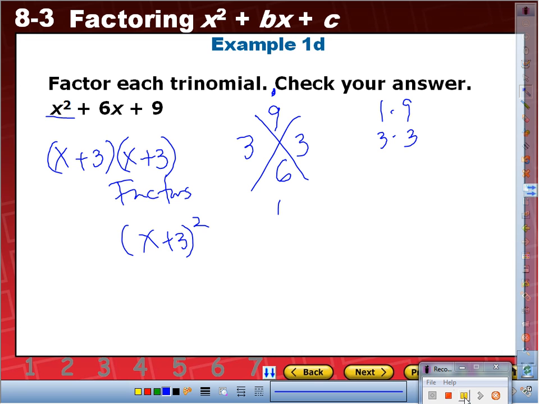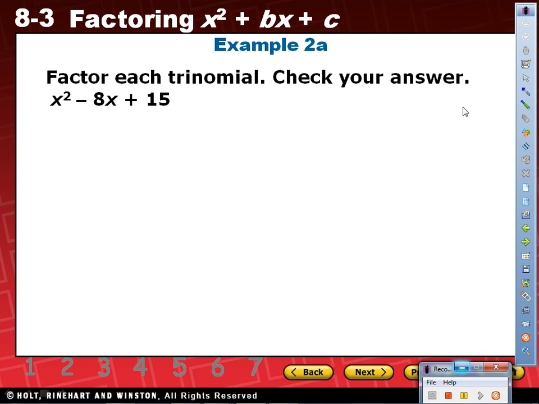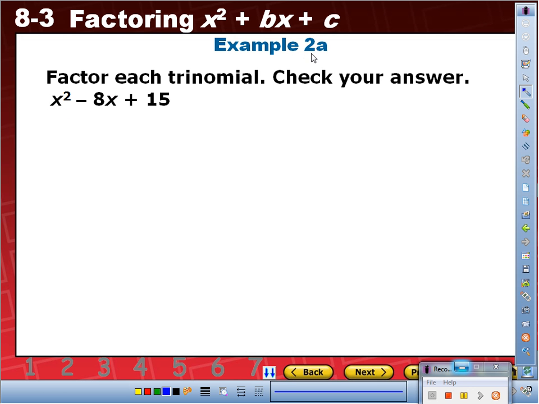Here we go. Example 2. Example 2a. It says factor the trinomial, and they give us x squared minus 8x plus 15. We'll do this one together. Yes, because now it has a negative. I just want to make sure that we're following along. Here we go. Do we have GCF? No. So therefore, step 2, open two parentheses.